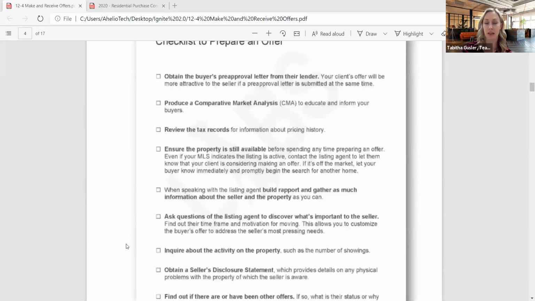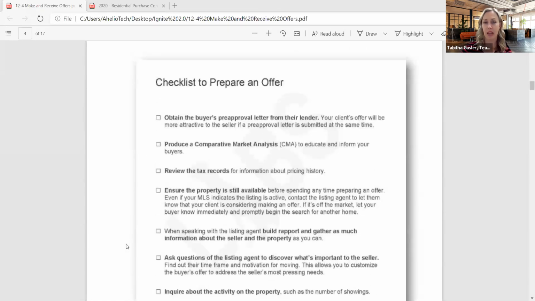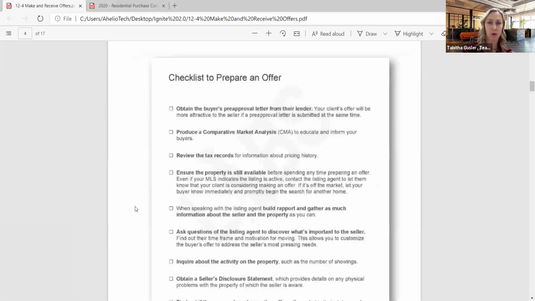So I love this, and this has been in previous Ignites, but this one is built out to a little bit more detail than we've seen before. This checklist to prepare an offer. And really, the time to have these conversations and to have a checklist like this to prepare an offer is not when it's time to write the offer, right?